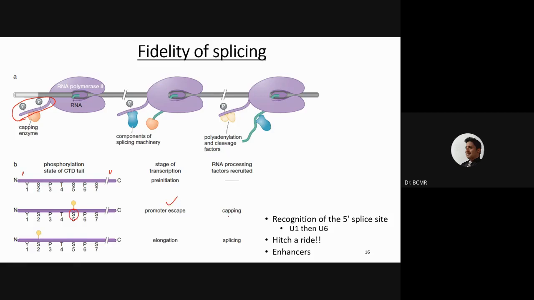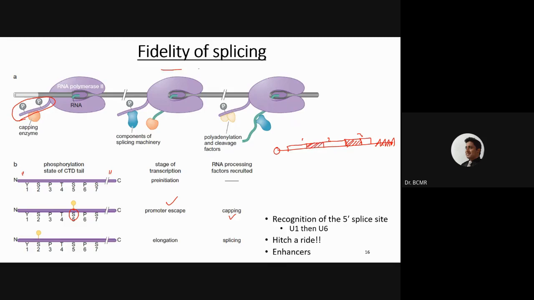Once promoter escape happens, the capping protein will bind. If we take the mRNA, as I discussed in that lesson, we have exons and introns, and then several poly A tails. Say, for example, exons 1, 2, and 3, and these are the introns.